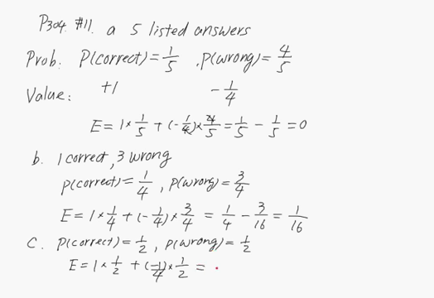This equals 1/2 minus 1 over 8. Then with the common denominator, 4 over 8 minus 1 over 8 is 3 over 8. So it is bigger than the expected value of part B, right?